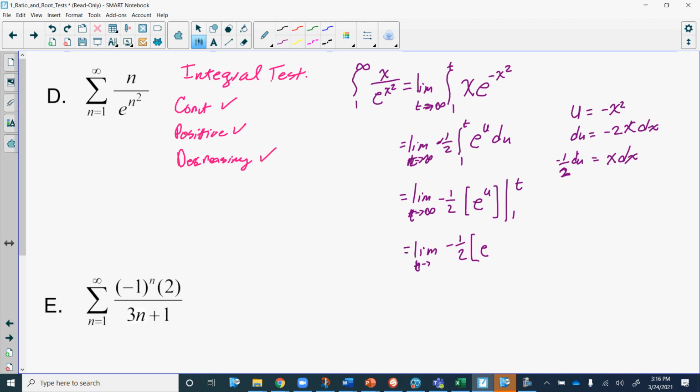In this case, when we do our substitution, we're going to get the negative x squared, but then I substitute the t in for x, so that'll give me negative t squared, minus e to the power of negative 1.